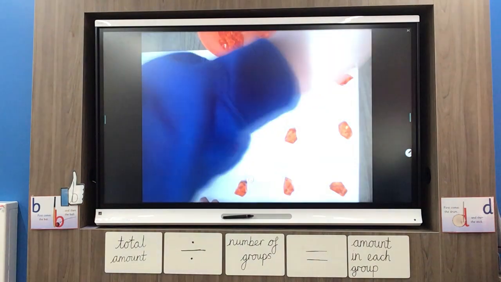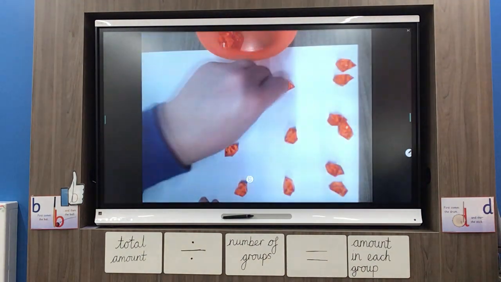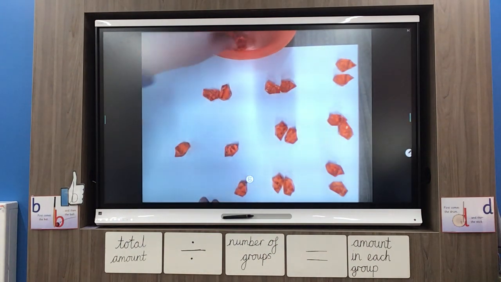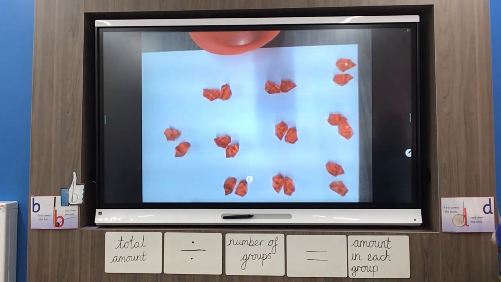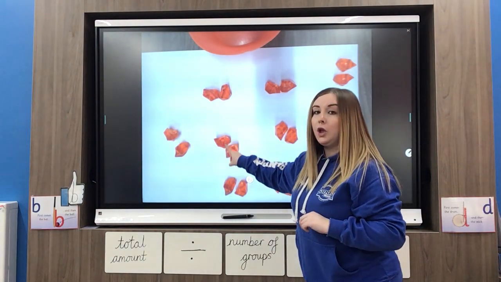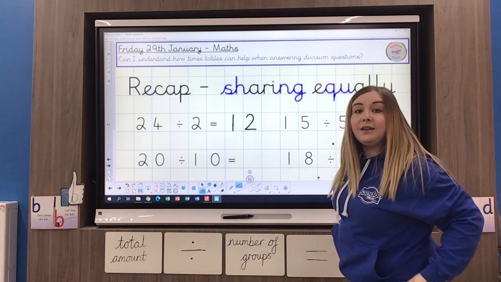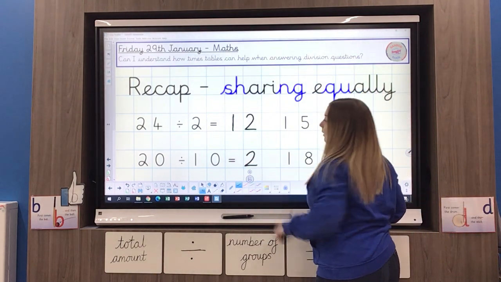I'm going to start again now, making sure that each group ends up with the same amount. Okay, so let's count how many gems is in each group. 1, 2. So that means 20 divided by 10 equals 2.